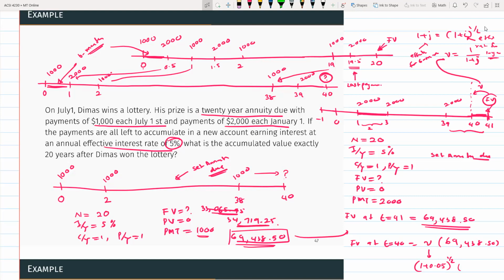69,438.5 times 1.05 to the power 0.5. It should be negative because you are discounting.